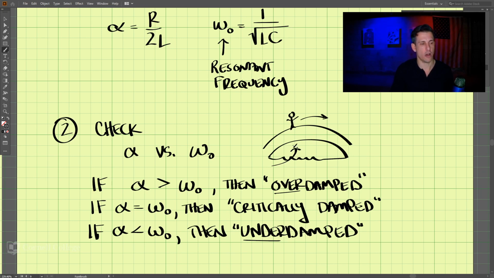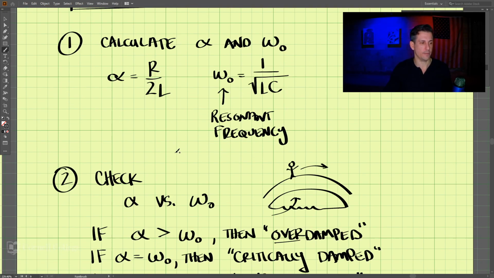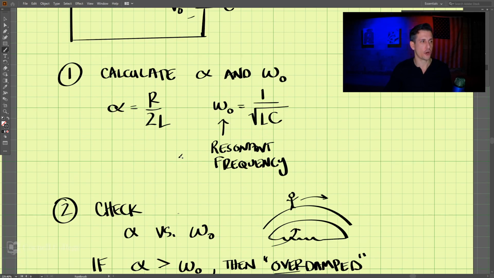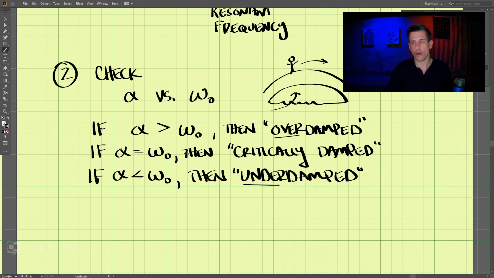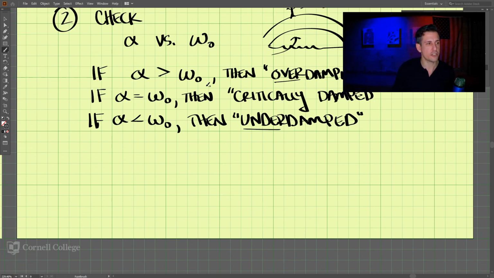So we have overdamped and underdamped. And then right in the middle, we have critically damped. So what we're trying to do is solve this equation for the current, and we must check these three things first.